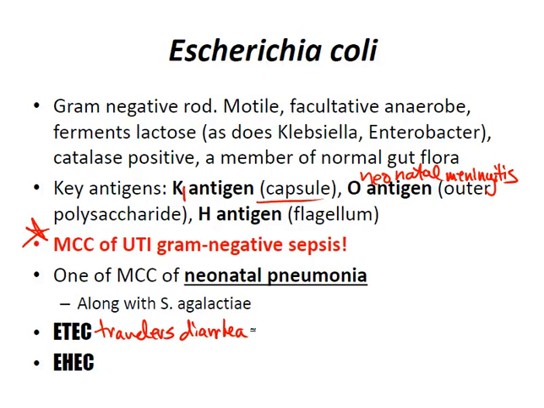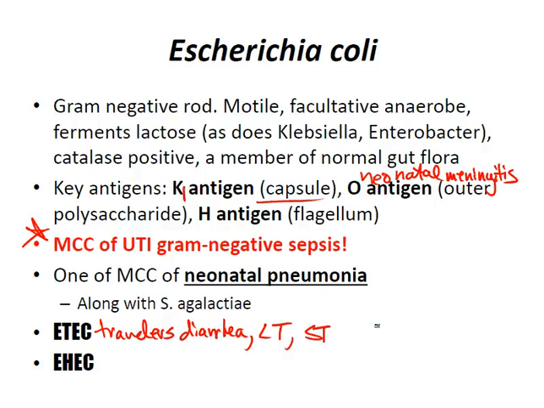It elaborates 2 toxins that cause watery diarrhea. The LT, similar to the cholera toxin, is heat labile and stimulates adenylate cyclase. Then there is the ST, similar to the Yersinia enterocolitica toxin, which is heat stable and stimulates guanylate cyclase. So traveler's diarrhea is pretty terrible.